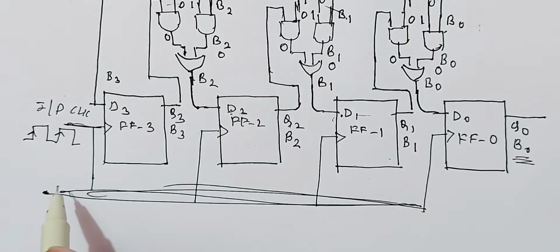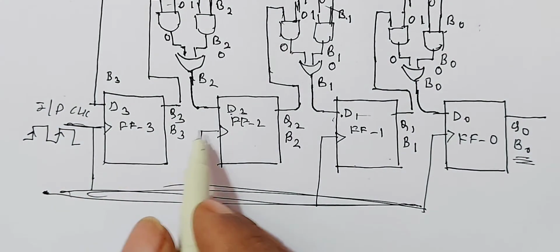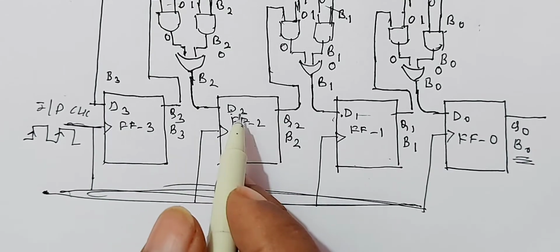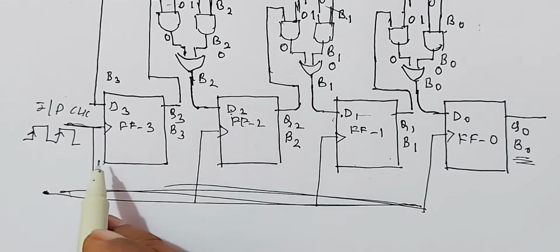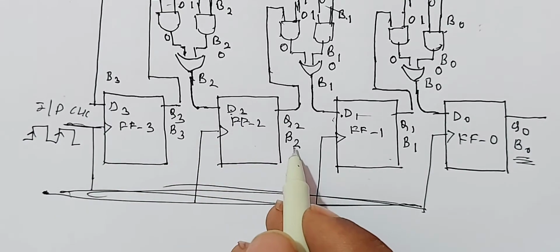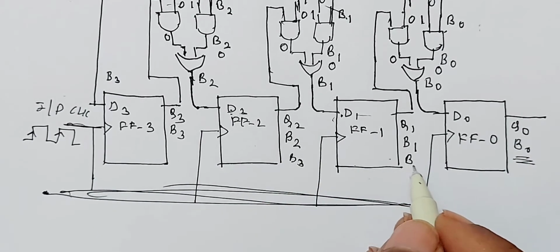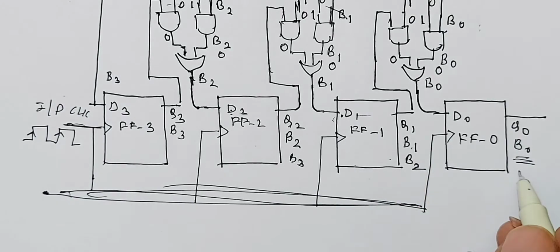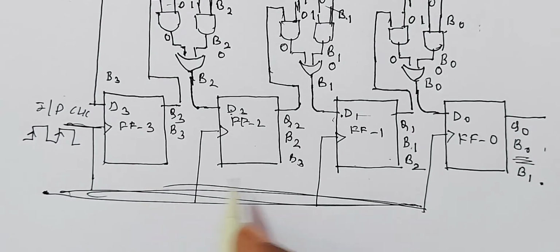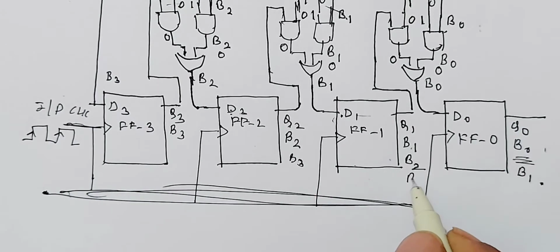When the second clock pulse enters, this B3 is shifted to here because this acts as an input for this. During the second clock pulse, this B3 is shifted here. This B2 is shifted here. This B1 is shifted out. So you get 2 bits for 2 clock pulses. During the third clock pulse, this B3 is shifted here.